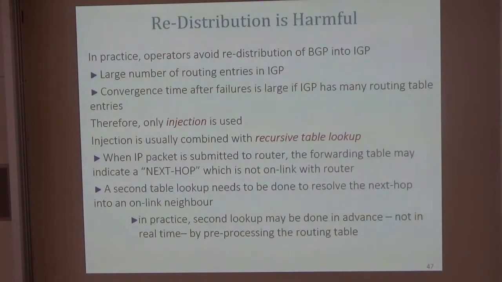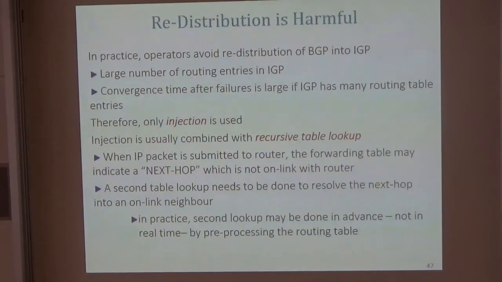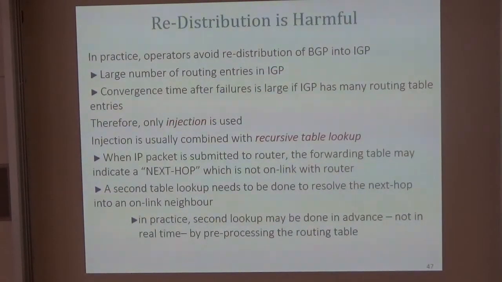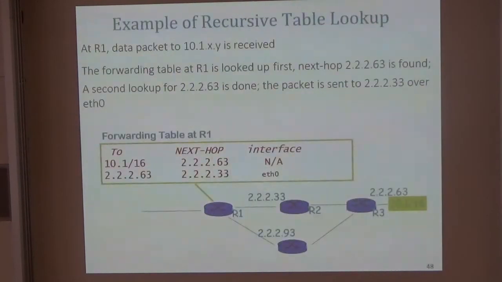And second, it is perhaps not desirable, because the interior gateway protocol is designed to discover all the prefixes of one domain of modest size, and most of the changes are probably due to exterior routes. But some systems do it, in particular if you use OSPF. But in general, many operators consider that redistribution is harmful.